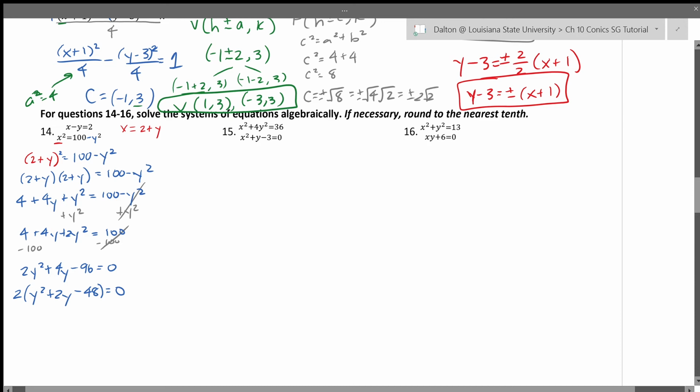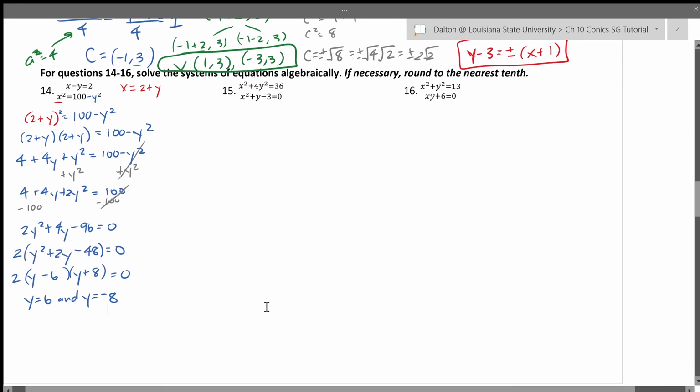Now I can figure out, okay, what two numbers multiply to be negative 48 and add to be positive 2, and then I can fill in these binomials. Well, hopefully you come up with the numbers negative 6 and positive 8. And then when we solve this, what values of y make this true? We get y is equal to 6 and y is equal to negative 8.